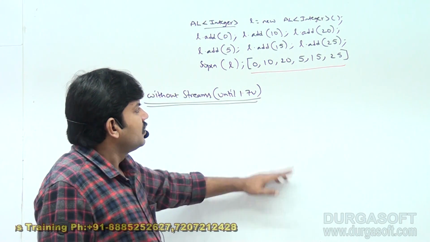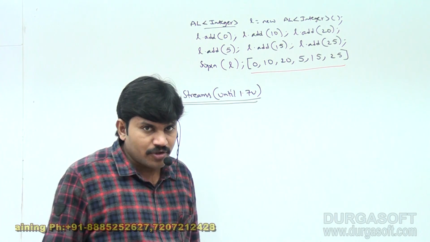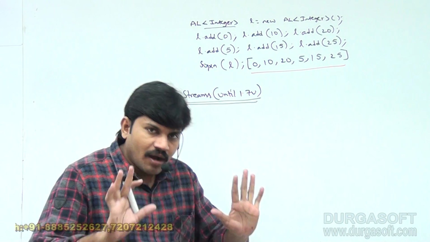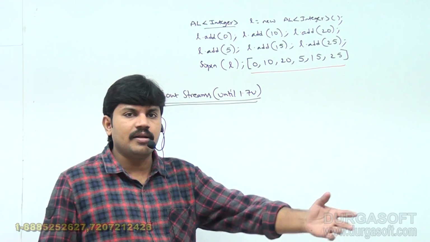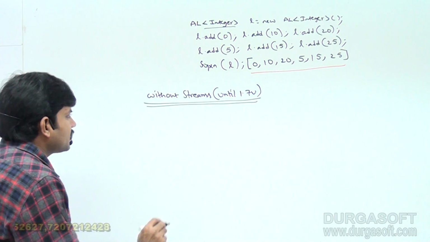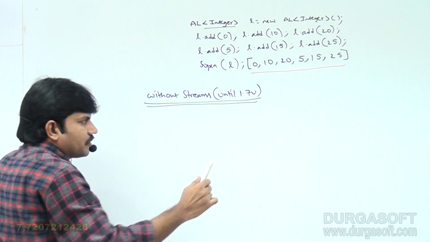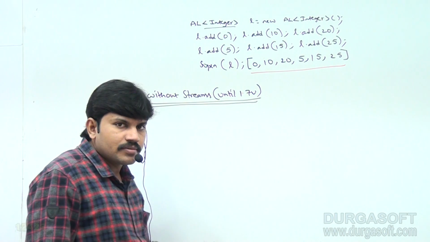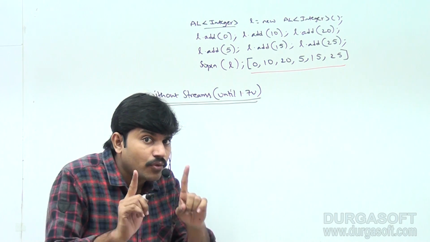Don't worry that you don't know about the filter method, the map method, or the stream method. All these things I will discuss in detail. First, you have to get the basic idea. Now, my requirement is, I want to list out all values into a new list, but that new list should contain only even numbers.